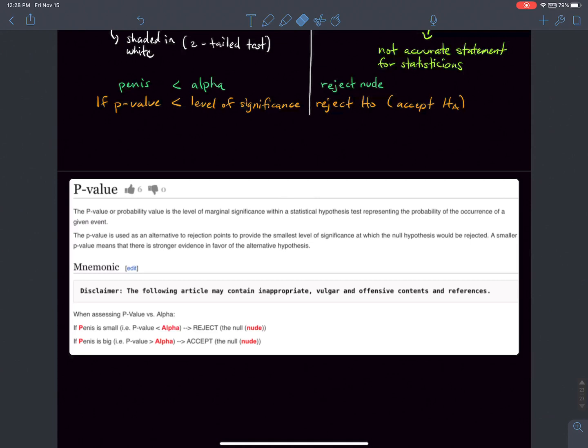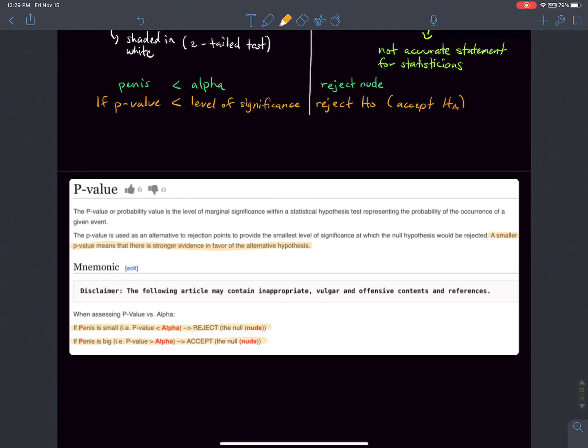A smaller p-value means that there is a stronger evidence in favor of the alternative hypothesis. And this is where I got those stuff there.